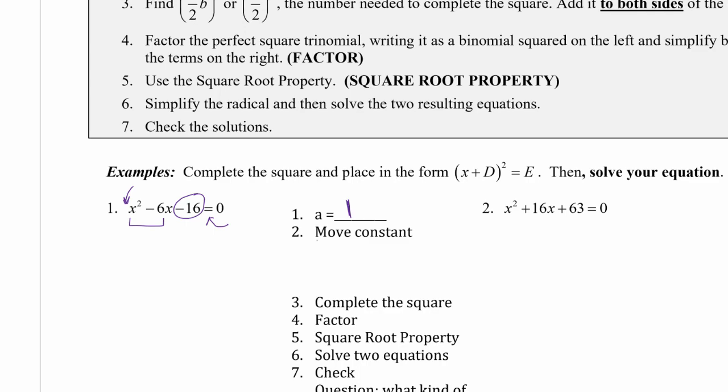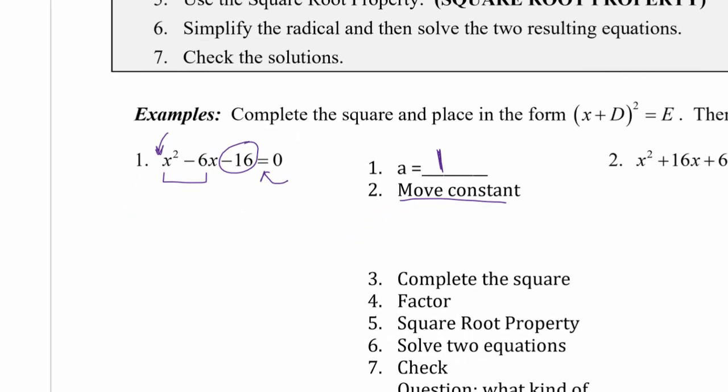So we're going to move the constant by adding it to the other side of the equation. We're going to write x squared minus 6x, leave some room, equals positive 16. Okay, so we added a 16 to move the negative 16 over to the other side of the equation.